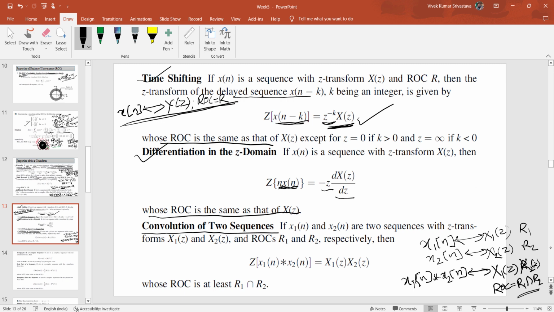So this is the convolution property of two signals in the z domain.